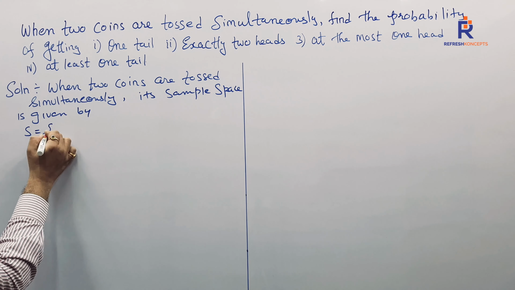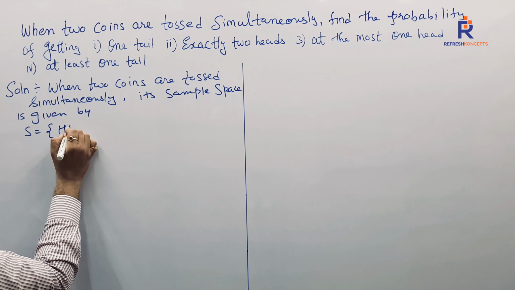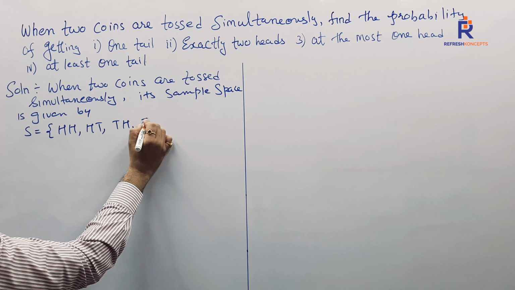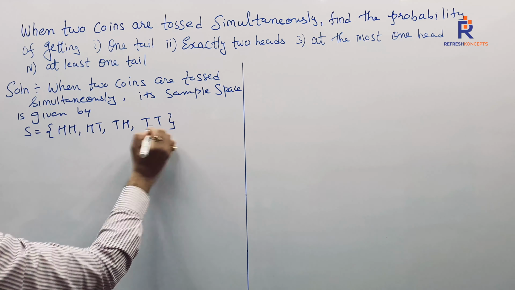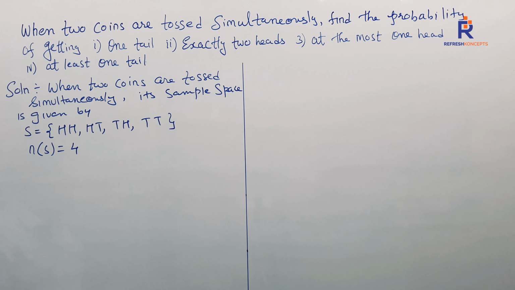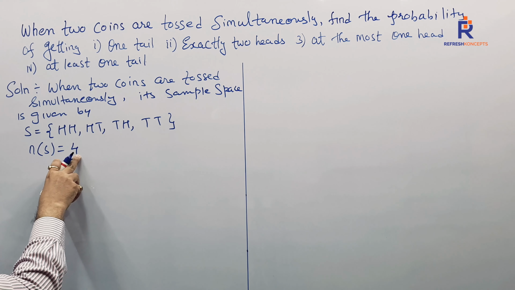So children, from your previous videos, can anybody tell me the sample space when two coins are tossed simultaneously? The answer is HH, HT, TH, TT. So what is n of S? n of S is 4. The number of sample points in the sample space is 4.